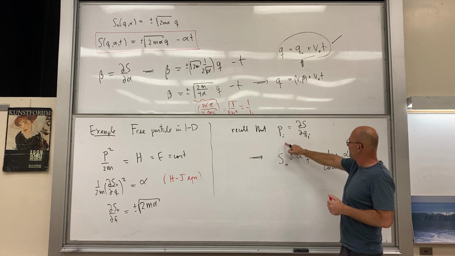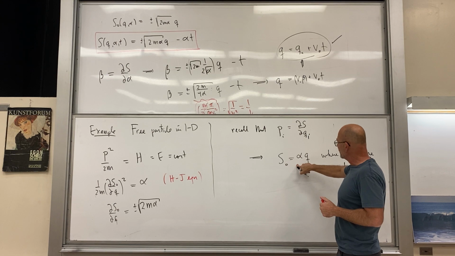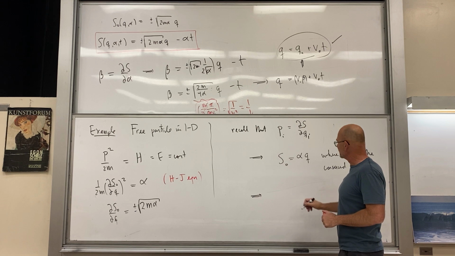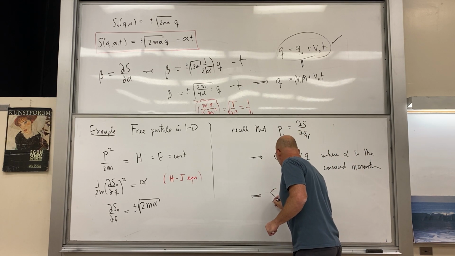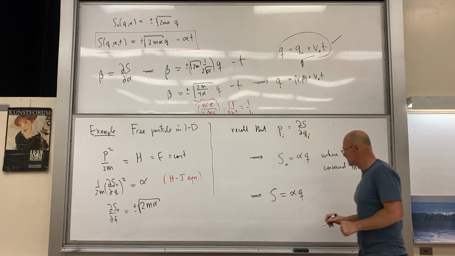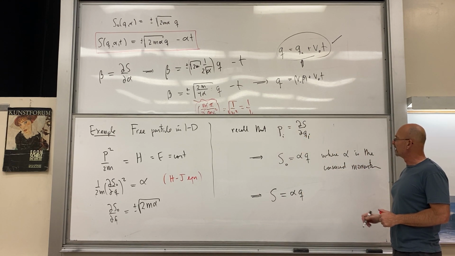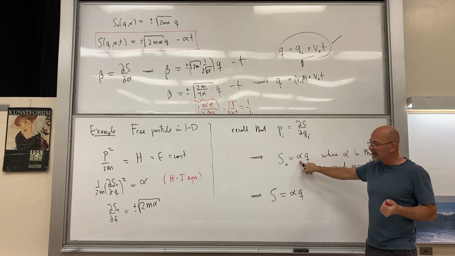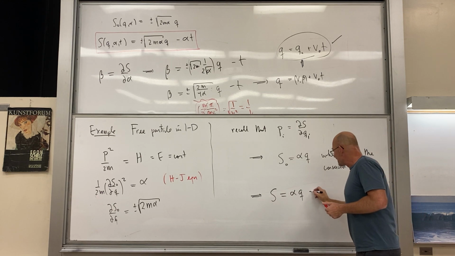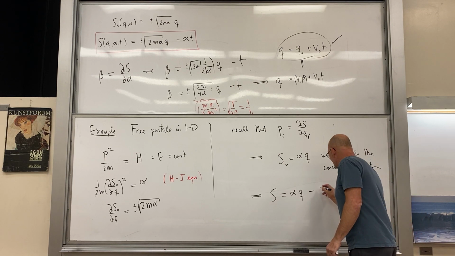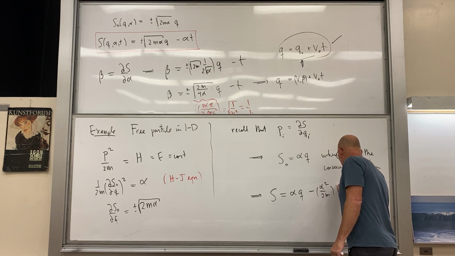So this would be our S0, and you'll notice we get there a lot faster. So now we have S is equal to alpha Q, dS/dq is P, and P is the conserved momentum. It still has to be minus E times T, but now it's minus alpha squared over 2m times T, right?